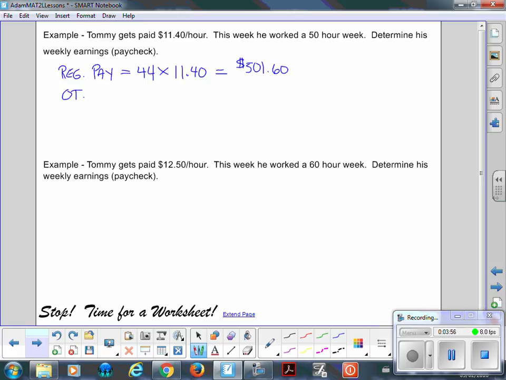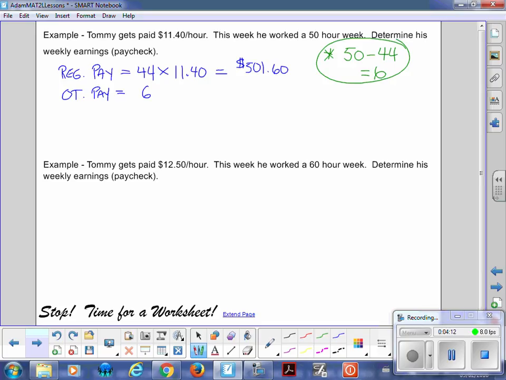Now his OT pay is equal to 6 hours. 50 minus 44 is 6, and that's where I got that 6 from.